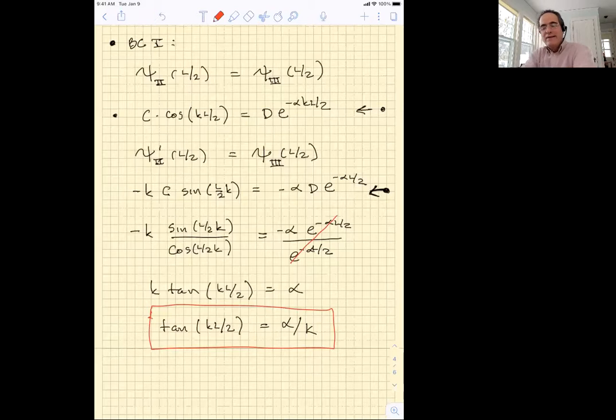Okay, now we've got some kind of solution. Let's see what it means. What it means is that the wave functions we used, cosine-like in the well, decaying exponential outside of the well, A, solve Schrodinger's equation in each region, and B, they match up properly, provided that this is true, okay?